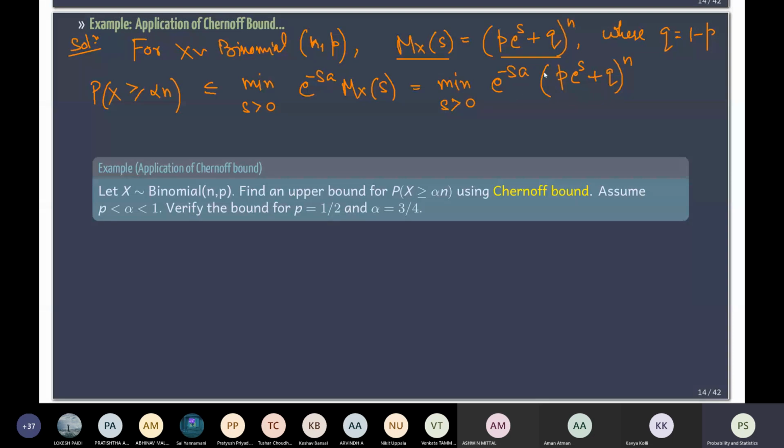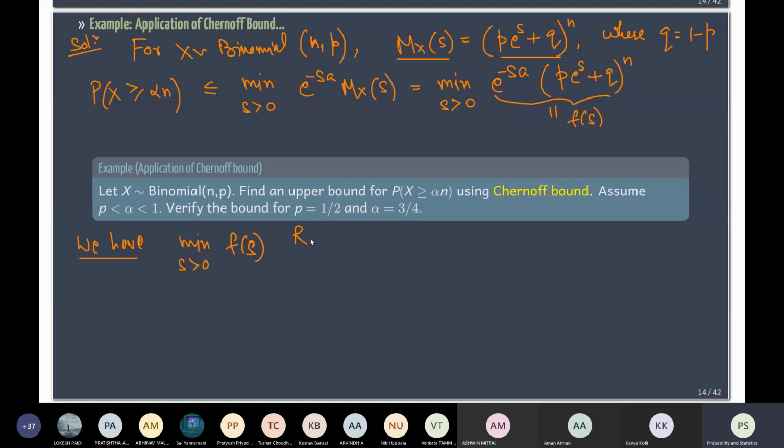So this is like finding the minima of a function, some function f(s). How do we find the minima of a function using calculus? We differentiate it and equate it to 0, and obviously you have to take the second derivative test. So we have to find the minimum over s greater than 0 of the function f(s).